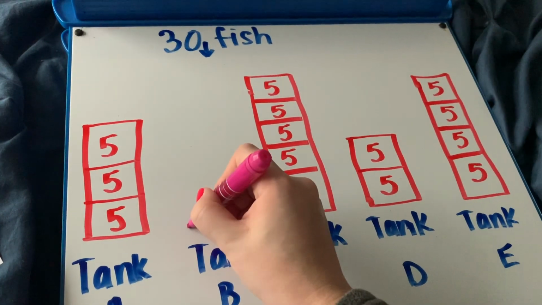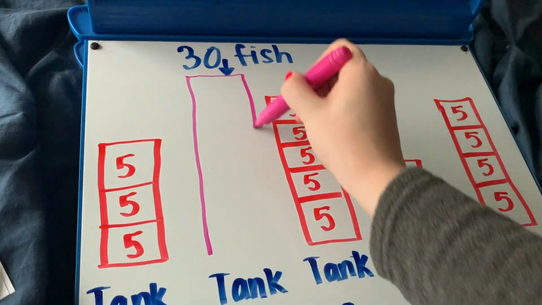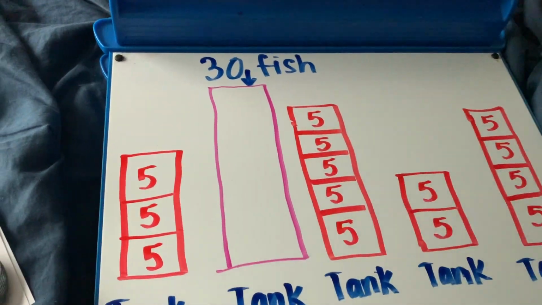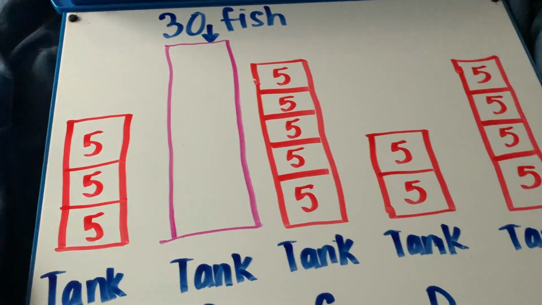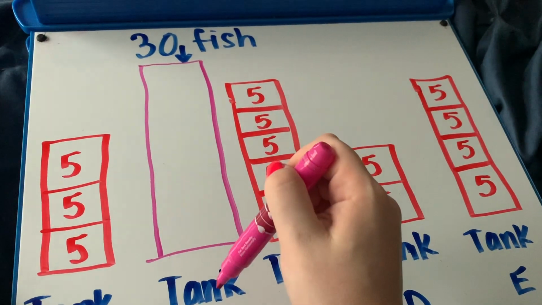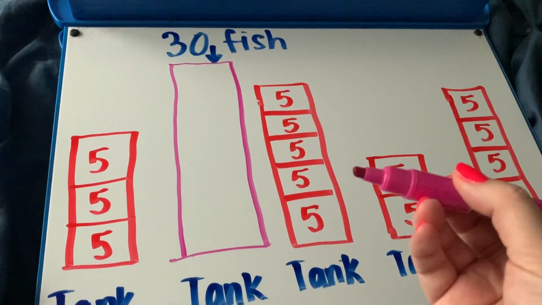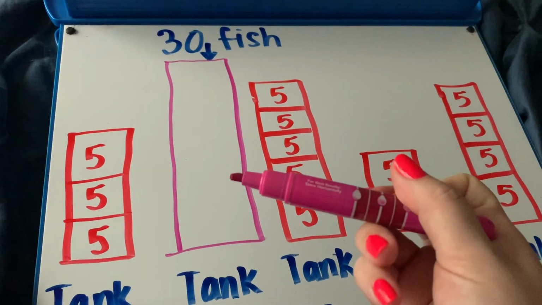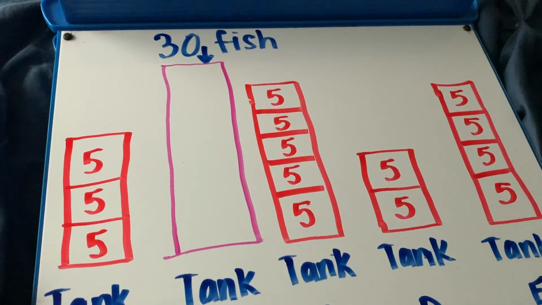All right, so what I'm doing is I'm just drawing a bar that looks like that. And then I'm using my knowledge from fractions, our last unit. And if I know that there's 30 fish and there's 5 in each section, I know that there are 6 boxes in this bar because 30 divided by 5 is 6.